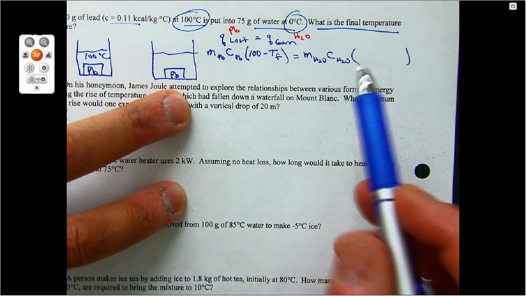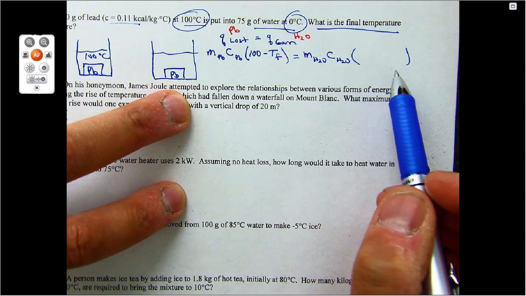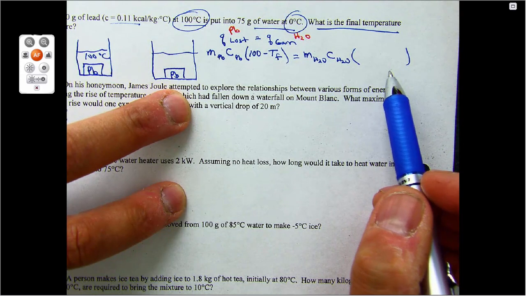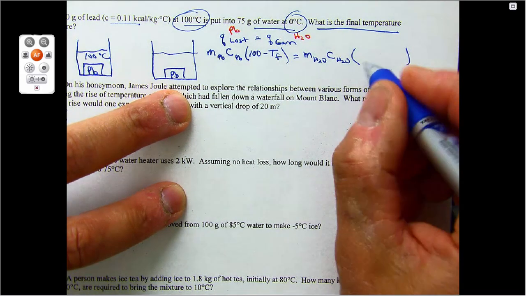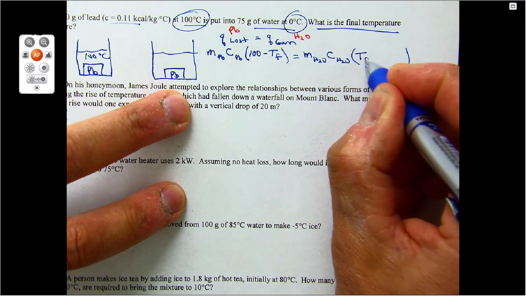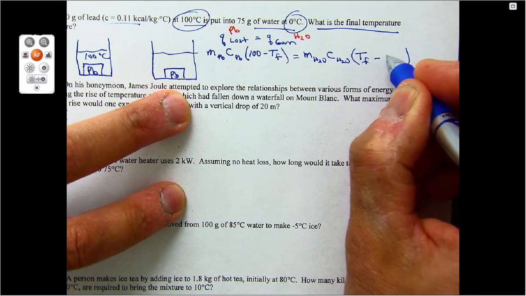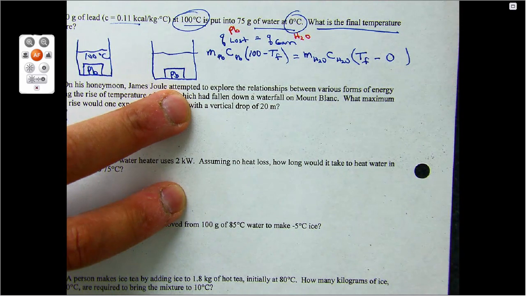Now, if we make this a positive value as well, what are we going to put in here? Yeah, we'd actually put in here T final minus what it started at, 0, huh? Why is it minus?